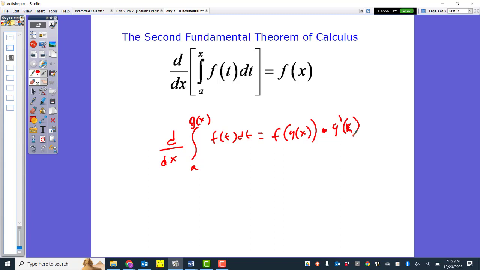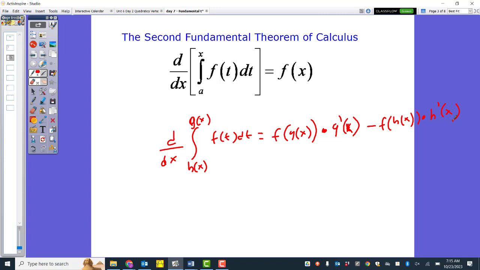Or if we take this a step further and say this is from h of x to g of x, well, that'll plug in h of x as well. So minus f of h of x times h prime of x. Once again, chain rule has to apply.